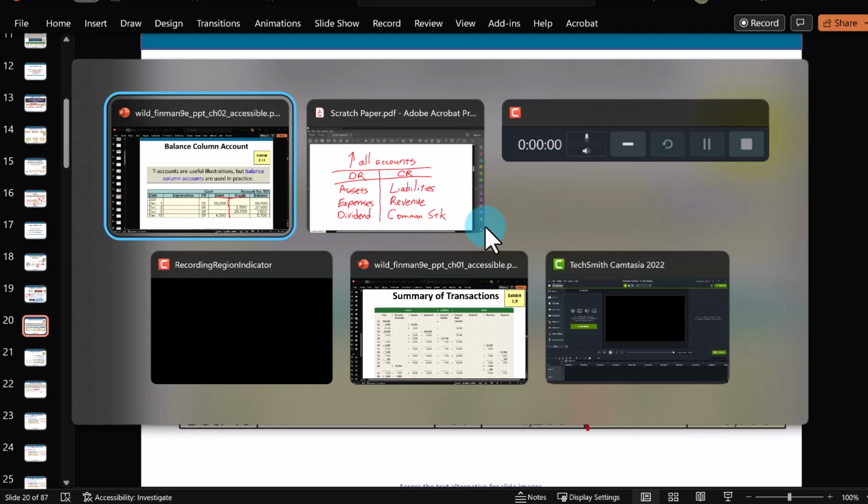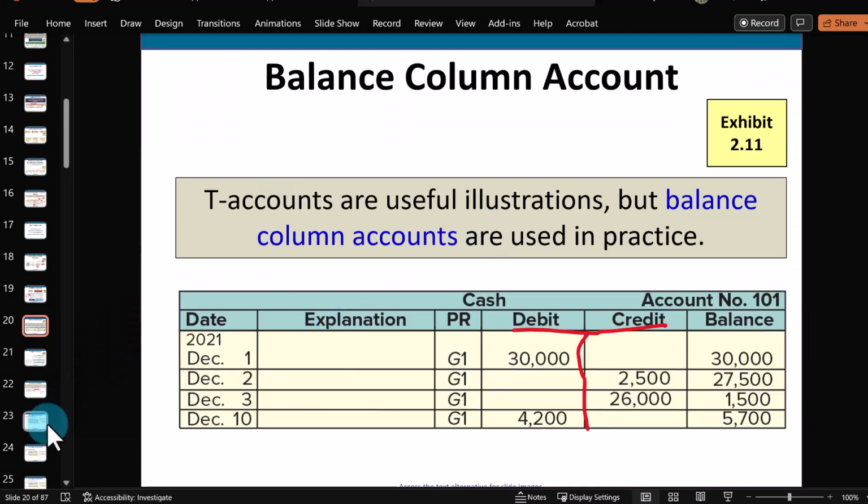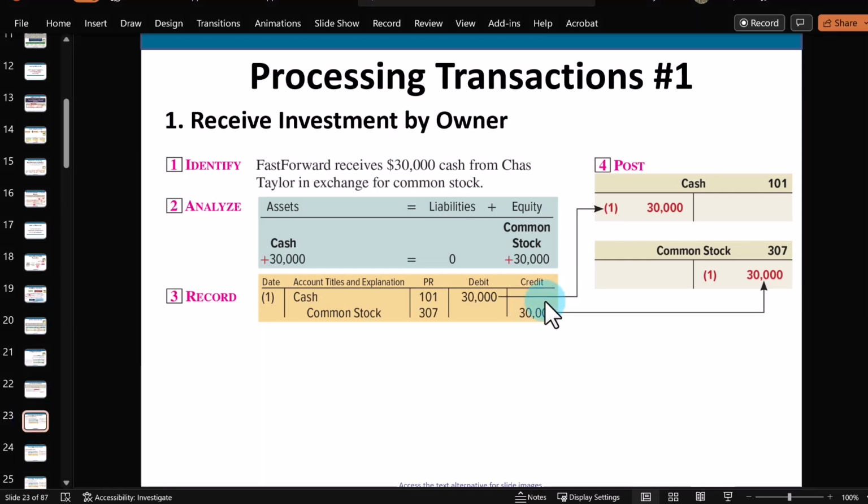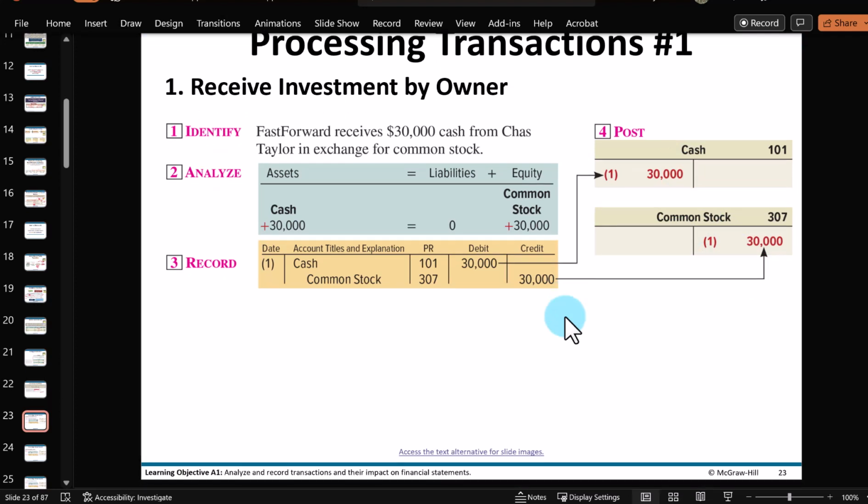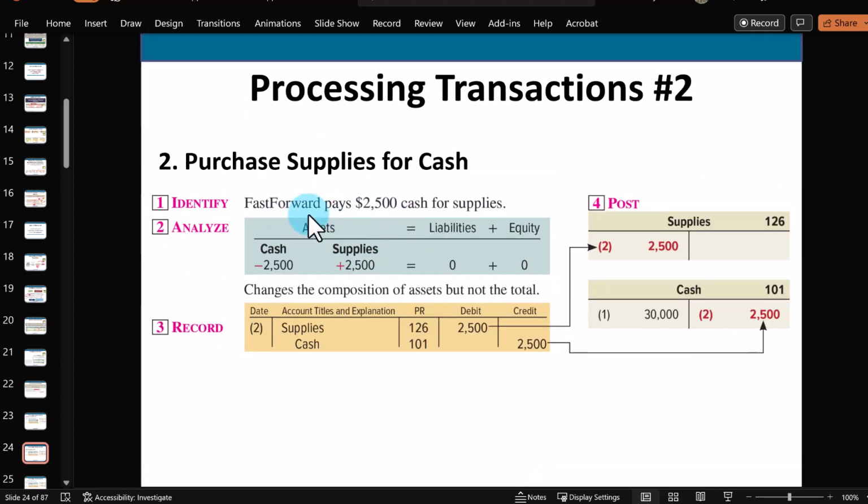Okay, so again, back to that transaction. We journalize it here in the general journal, and we post it to the ledgers to update the ledger accounts here. Let's take a look at the second transaction where our company pays. Right away, I would go to my cash account and credit, right?